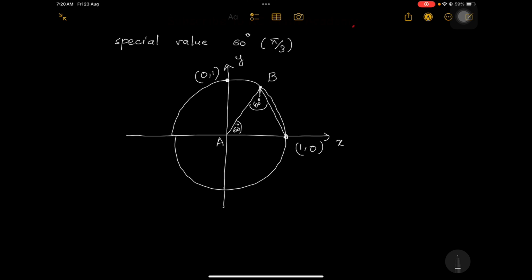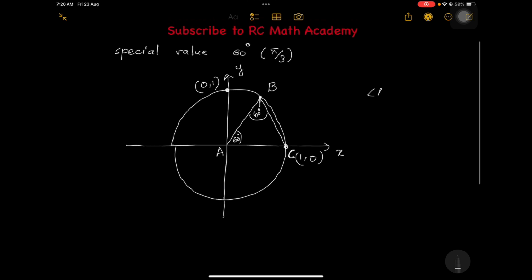Okay, we know that the total of the inner angles of a triangle is 180 degree. So let's say this point is C. So the angle ACB will be 180 degree minus 60 plus 60, which is going to be also 60.